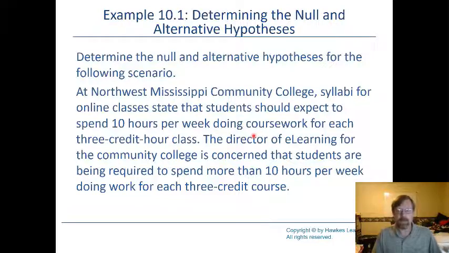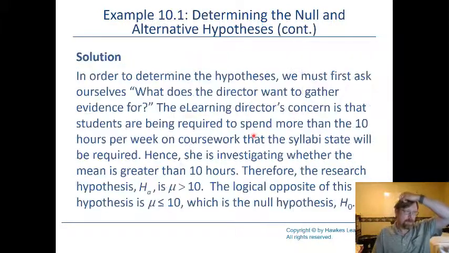Okay, so what he's wanting to gather evidence for is that students are spending more than 10 hours on coursework. So his research hypothesis or alternative hypothesis is that the average hours of coursework needed per 3-credit class is greater than 10.